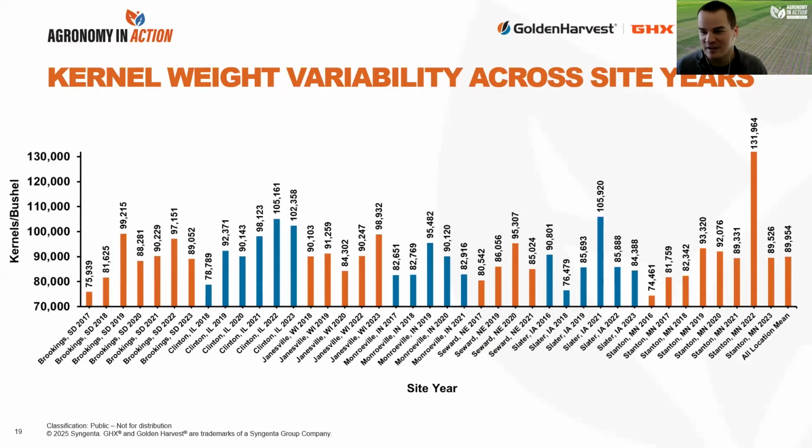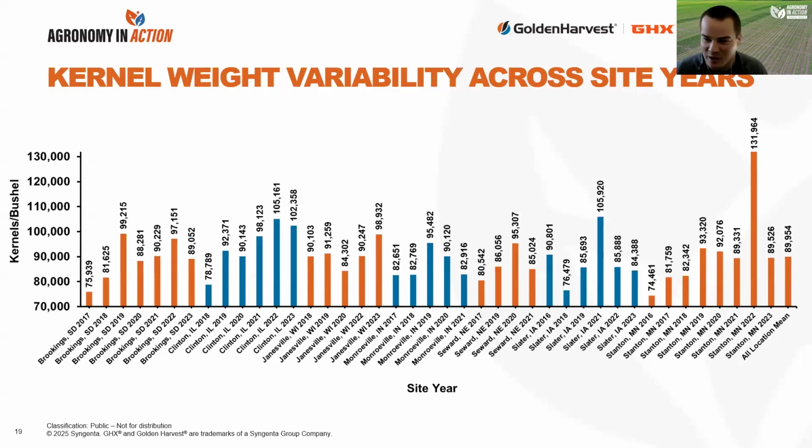I want to focus on the Stanton, Minnesota location, that last set of orange bars, to show that even at a given location, same geography, the range in kernel weights depending on the year is huge. It is so environmentally dependent, going from 74,000 kernels per bushel in 2016 up to 131,000 kernels per bushel in 2022.